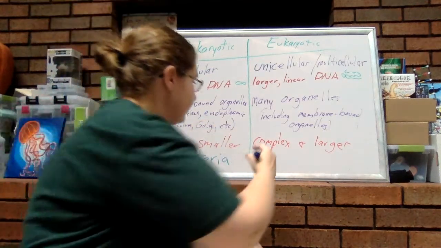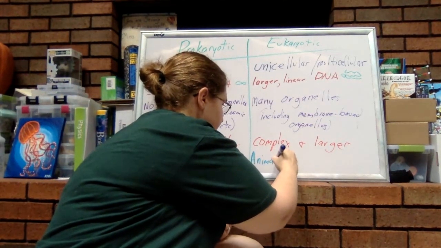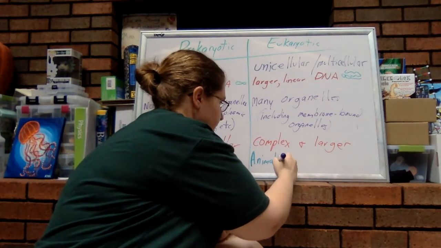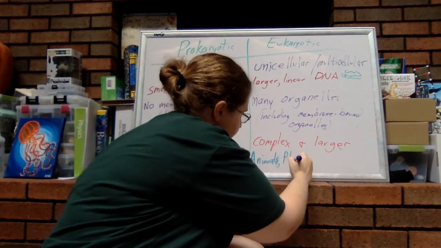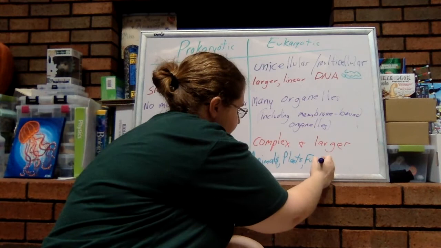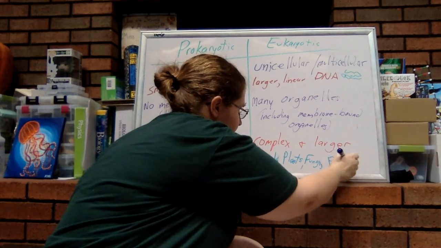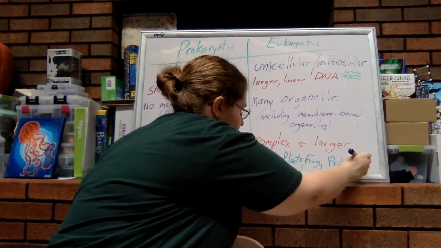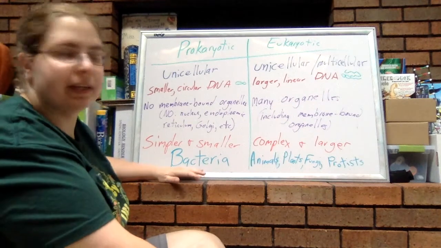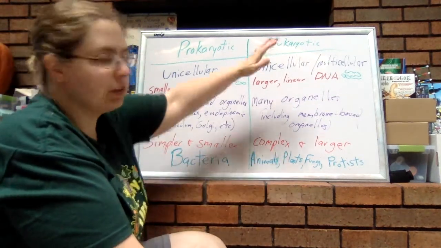So that includes animals, plants, fungi, protists. So what we have here, all bacteria are prokaryotic cells. Animals, plants, fungi, protists, those are our eukaryotic cells.